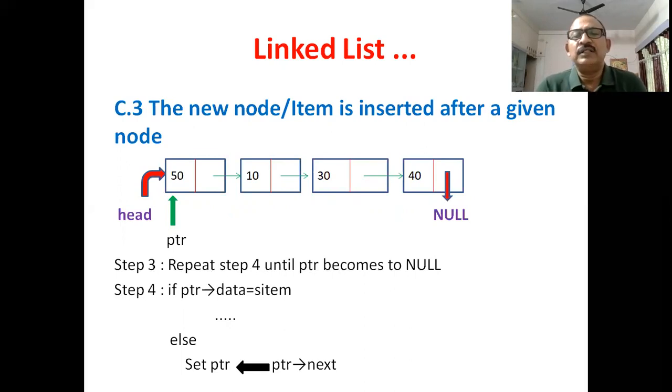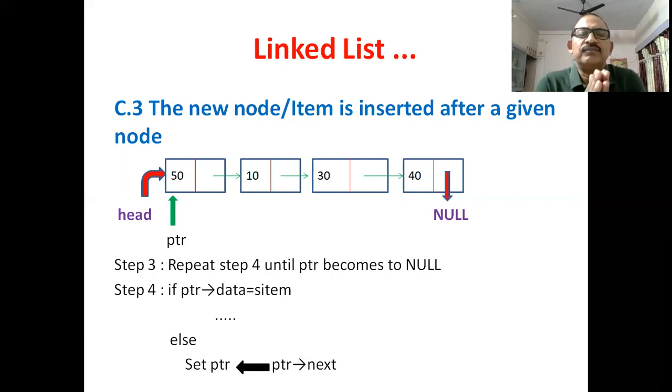Repeat step 4 until PTR becomes null. If PTR data, meaning the item of a node, is equal to S item, where S item is the search item. If the search item exists in the first node, what will we do?